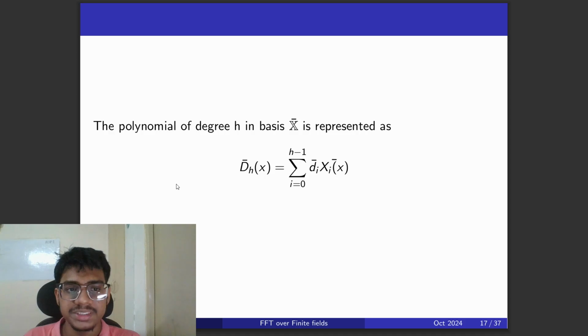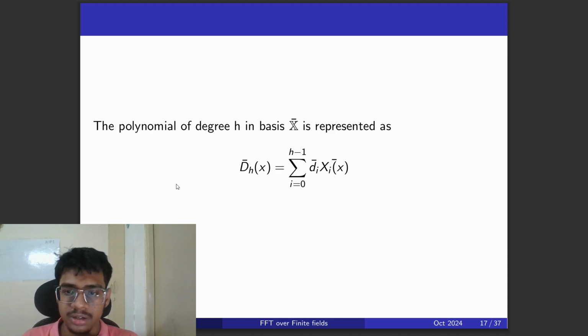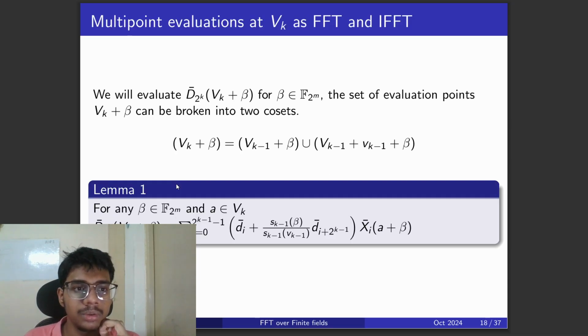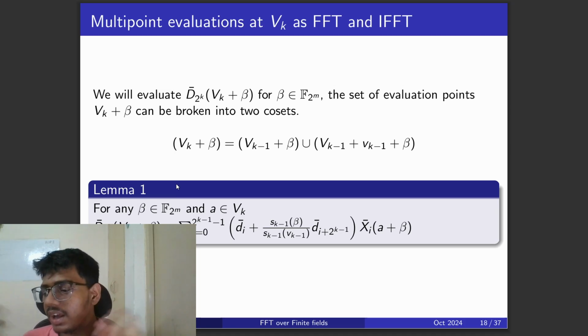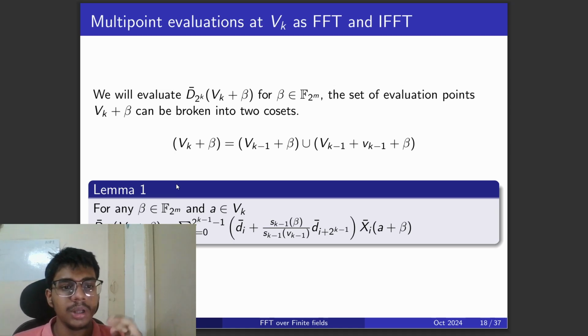So we have defined our basis. Now we can write a polynomial of degree x in our basis x bar, which is just a polynomial expansion. For fast Fourier transforms in finite fields, we just have to evaluate polynomials at certain points.